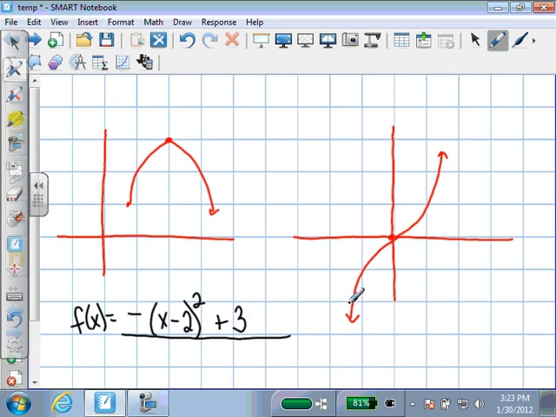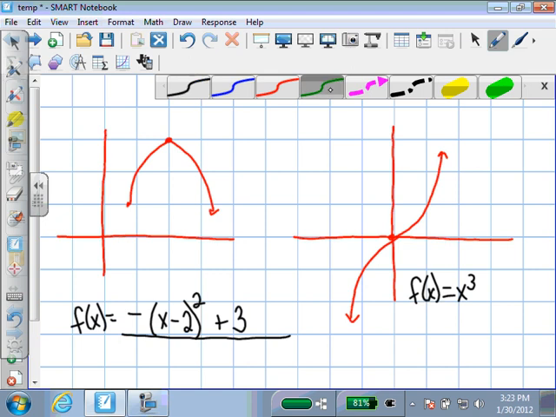This is x cubed. I didn't do anything to it. I wonder why. That's so sad. We can do something to it. Let's do this to it.